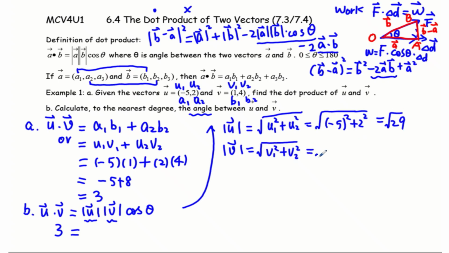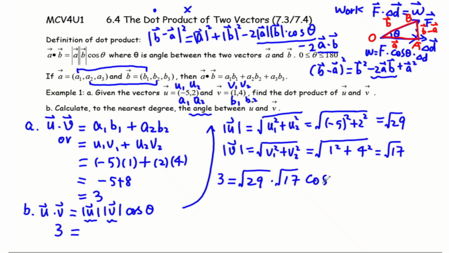For v, 1 squared plus 4 squared is square root 17. Then we sub in both of them here. We are going to have 3 equals square root 29 times square root 17 cosine theta.